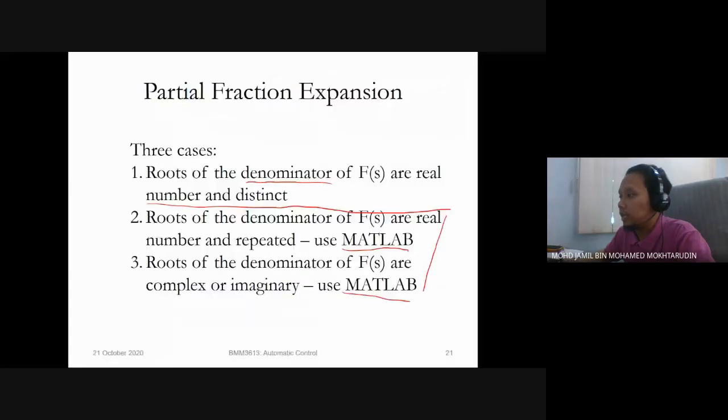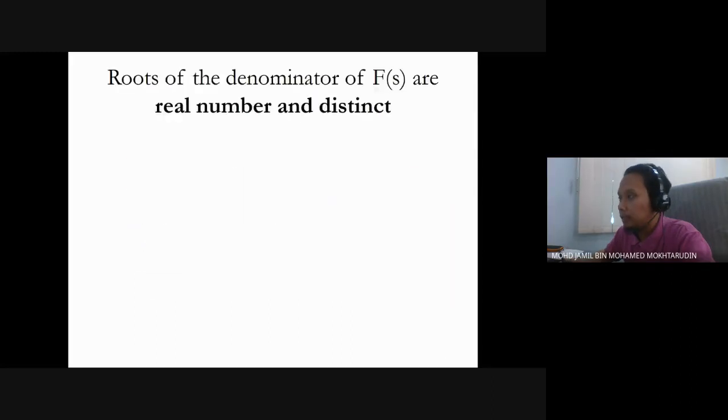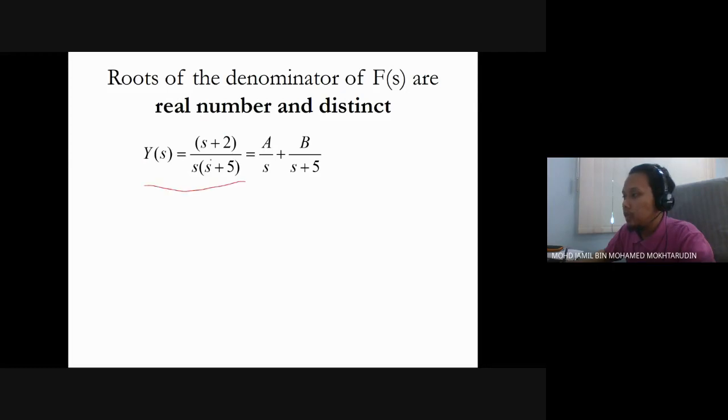So let's look at an example of how to use partial fractions for the first case, real number and distinct roots. Let's say you have this function in the frequency domain: (s + 2) divided by s(s + 5). These are real roots in the denominator, real number and distinct.